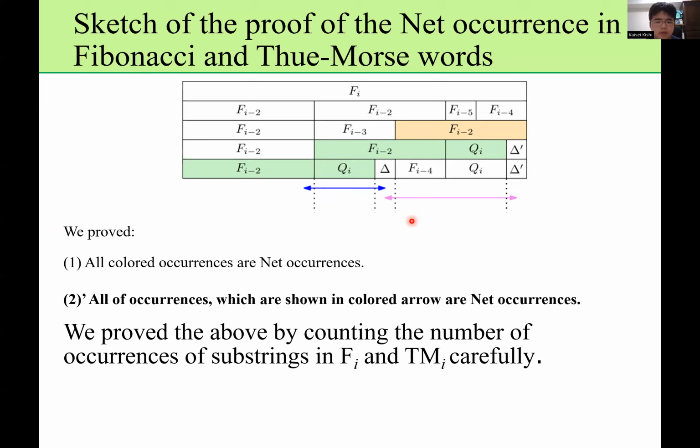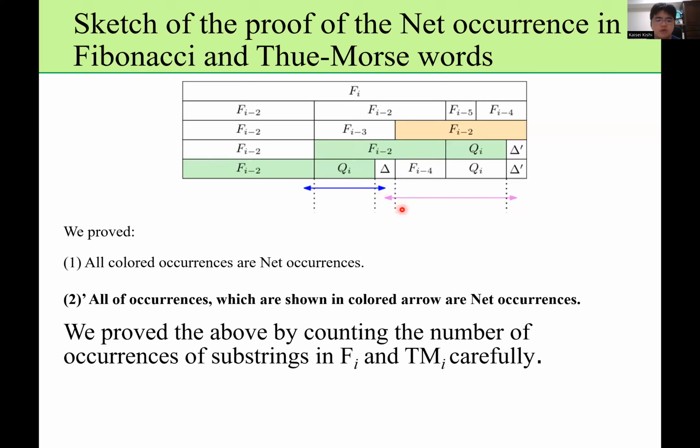For example, we proved that the substring of the pink arrow is not a net occurrence because, when we extend the dotted line by one length on the left, the pink arrow becomes unique in Fibonacci.